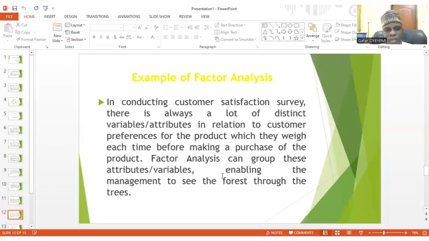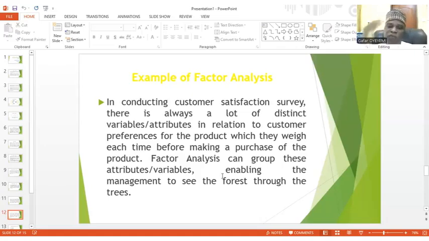Another example is when we conduct a customer satisfaction survey, we know that there are always going to be many distinct variables in relation to customer preferences for a particular product, because the customer will weigh each of these items or distinct variables or attributes of the product before they make a purchase of that particular item or product.